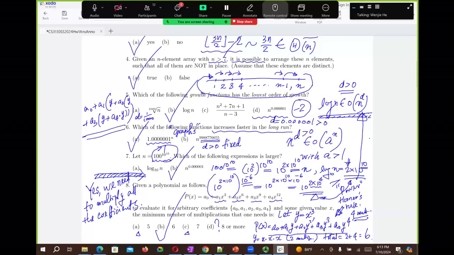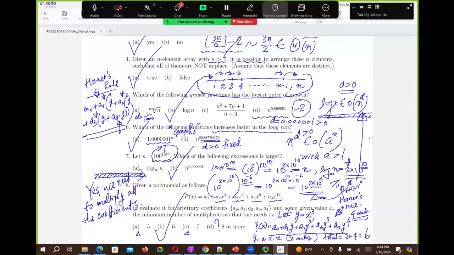That's the trick, the essence of Horner's rule. When you see this representation, can you see multiplication 1 here, multiplication 2 here? We don't look at the addition. Multiplication 3 here, and last multiplication 4. So you see 4 multiplications.